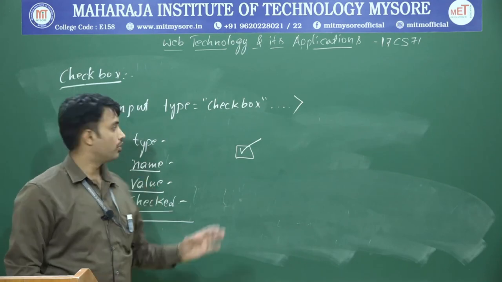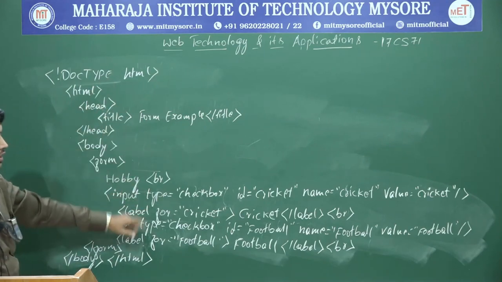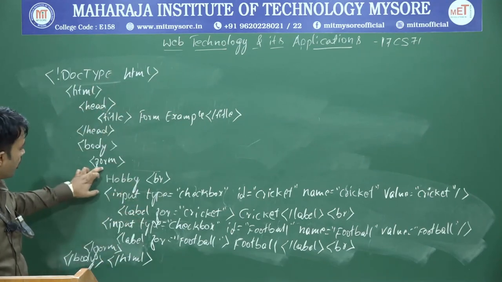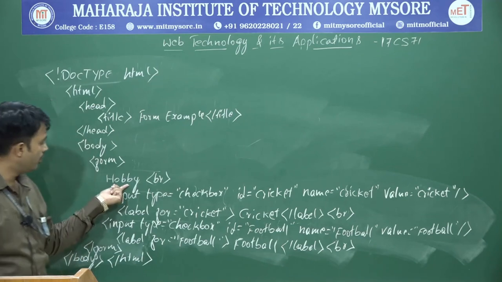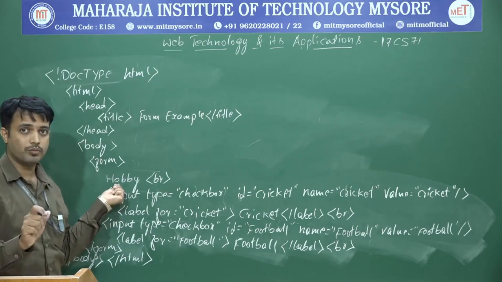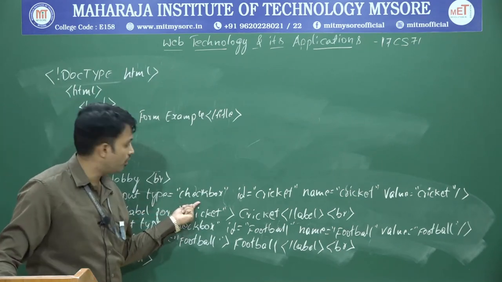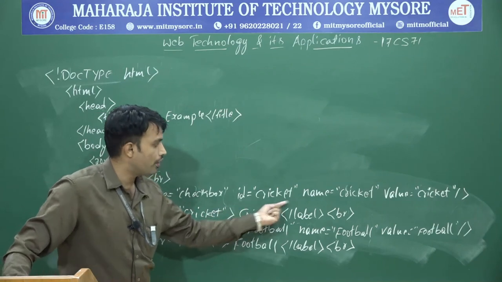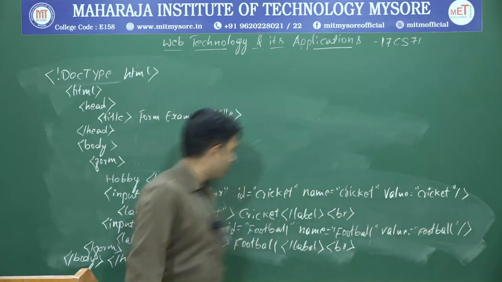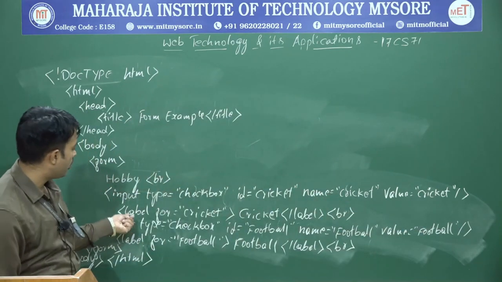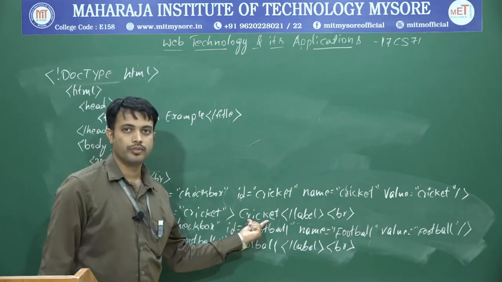Example program for this checkbox. Under this form, I am using hobby as just a text. This is not a label, this is just a text. Input type checkbox, id equal to cricket, name is also cricket, value is also cricket. Next is the label. The label for this checkbox is cricket.